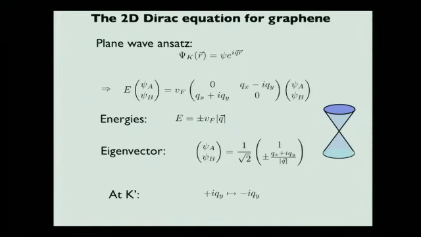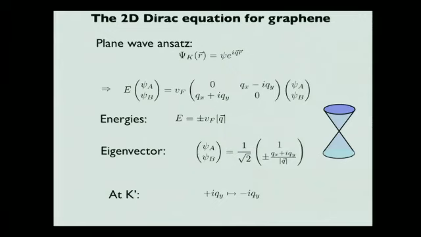Then every derivative gets replaced by the corresponding component of q, and I immediately see that a 2x2 matrix of this kind will have energies E equals plus or minus velocity times magnitude of q. So we get the Dirac cones, and it's equally interesting to have a look at the corresponding eigenvectors.